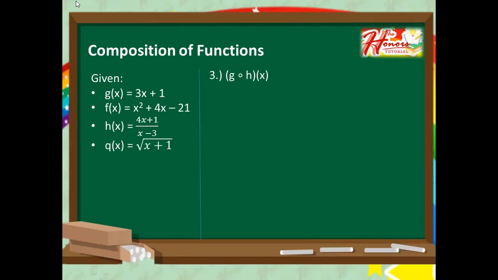Now we have here the composition G with H of X. So what are we going to do? You have to copy the given first. Always copy the given first. So we have here solution.